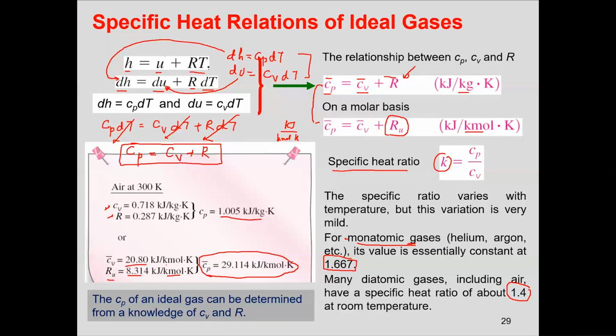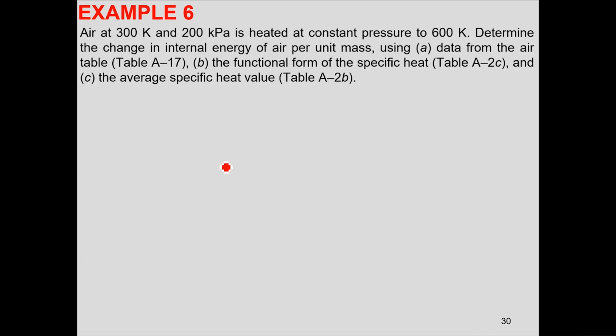Now we'll look at one example which includes all three methods of calculating delta u and delta h, and we'll see how we can use the three mechanisms to find our respective values. It says that air at 300 Kelvin and 200 kilopascal is heated at constant pressure to 600 Kelvin.